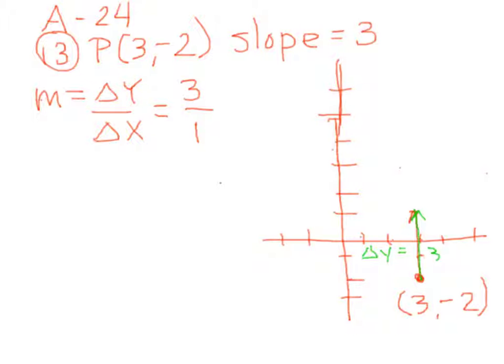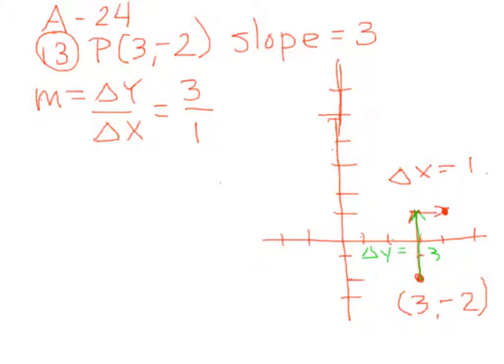Okay? And then let's go ahead and take a look at our change in x, which we said is 1. So we're going to go over 1 there. So our change in x was equal to 1. And that brings us to the point right there.